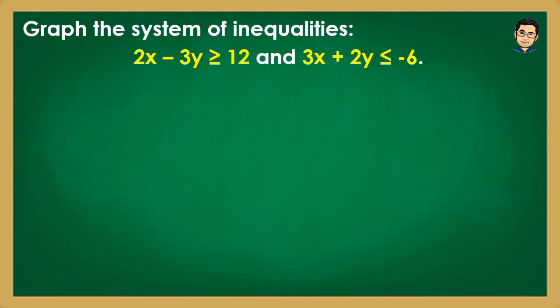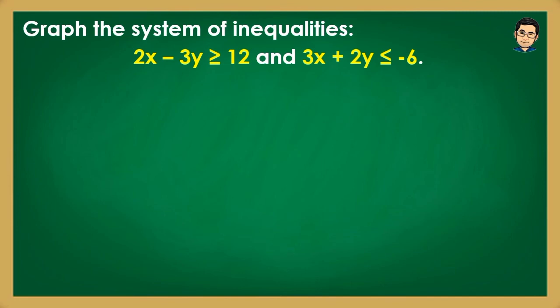Ayan. And then, since napakita na natin yung graph ng bawat inequality, so ngayon pagsasamahin naman natin sila sa isang coordinate plane para mas makita nyo yung solusyon kanina, yung 1, negative 6. Kung solusyon nga ba talaga siya ng system of inequalities.